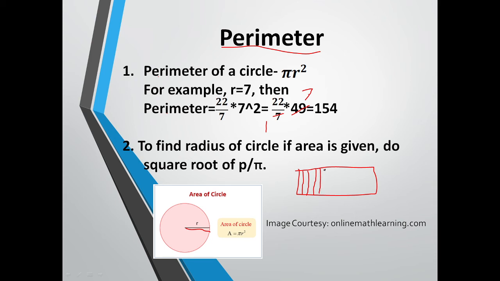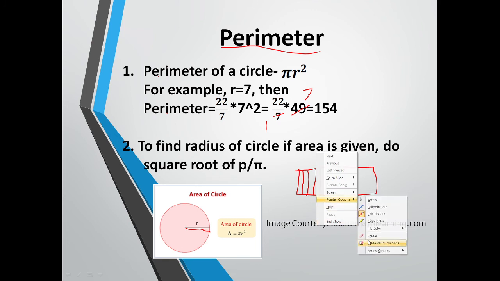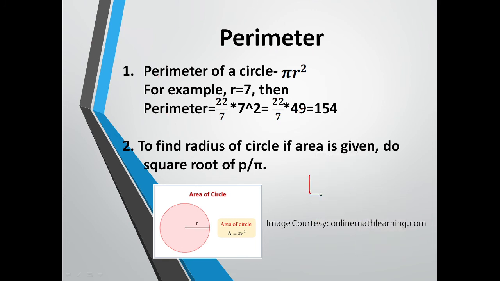I'll just draw a small rectangle because there are many radii. These are not real radii, because they are really difficult to make using the pen included in the PowerPoint.